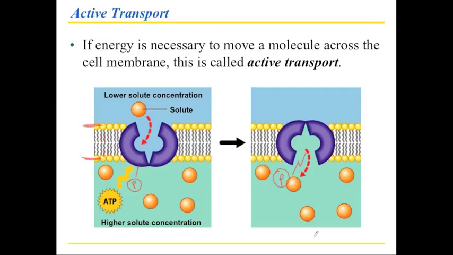Now, it's not only about size, by the way. Solutes sometimes need to accumulate in a cell. How are you going to do that when your body is always trying to reach equilibrium? Well, you have to go against equilibrium. And so in this case, you can see that the concentration down here, this is the symbol for concentration, is already high. The concentration here is low. And so normally what you'd expect is that these solutes would like to go out there.